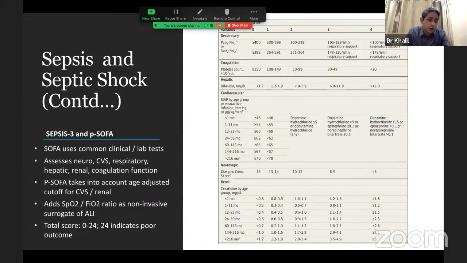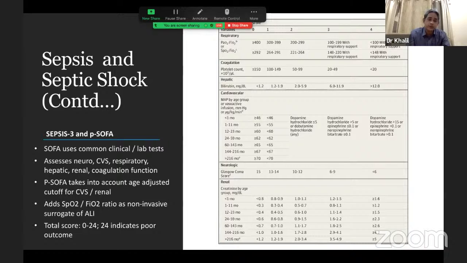So the sequential organ failure assessment uses common clinical and lab tests. It assesses the major systems of the body like your CNS, CVS, respiratory, hepatic, renal, and coagulation function. The specific highlights of the pediatric SOFA is it takes into account the age-adjusted cutoff for the cardiovascular and renal parameters, which were not there before.